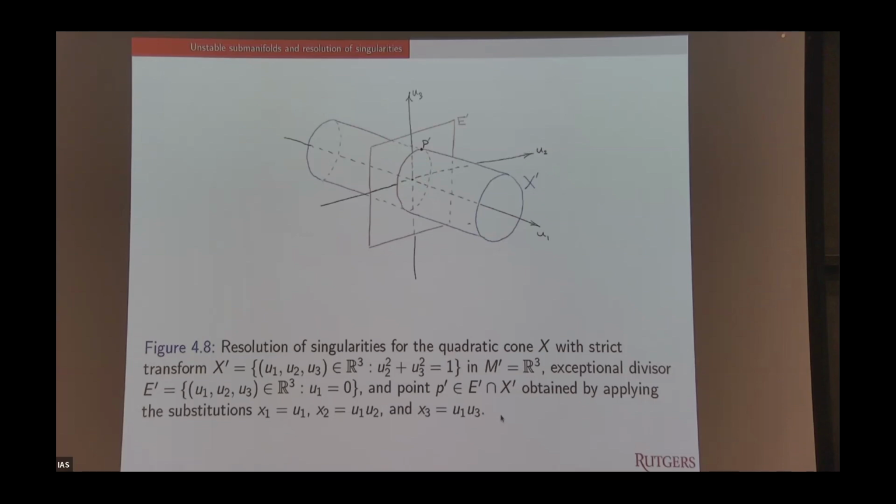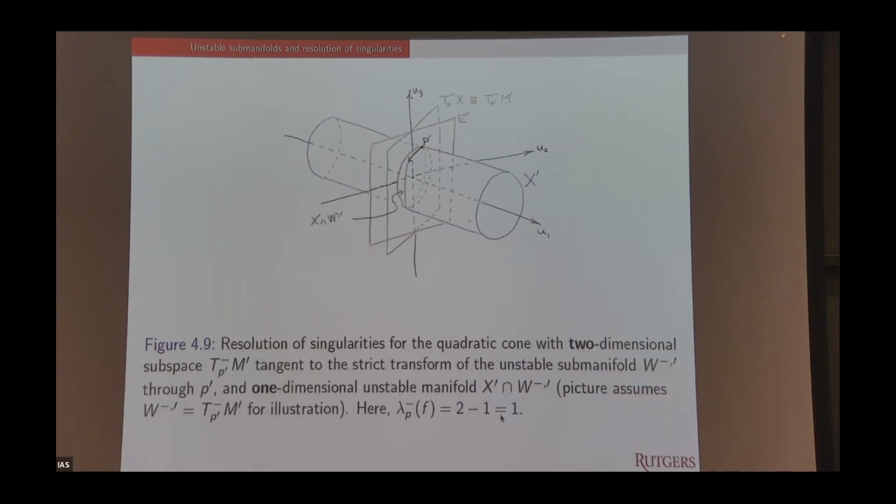All right, so let's suppose then that we have, I'm going to assume that the tangent space of the unstable manifolds is this green subspace, this green plane here. And just for the sake of making the picture easier, since it's complicated enough already, I'm just going to assume that the unstable manifold coincides on the nose with this tangent space.